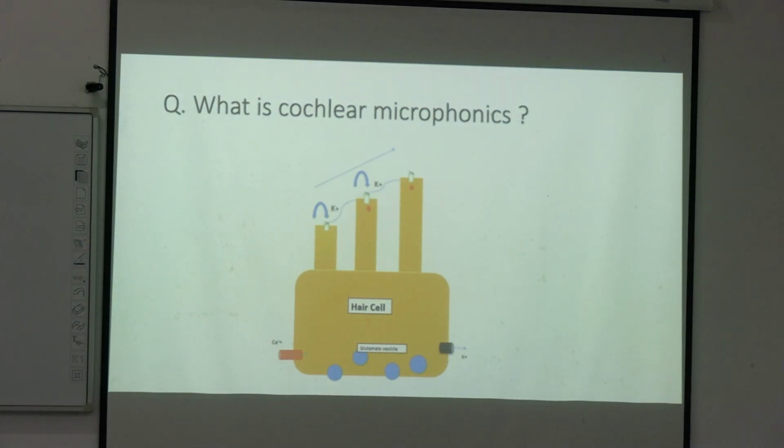But when sound starts, the mechanosensitive potassium channels open, and a large amount of potassium enters the hair cell. This can be recorded from outside by a particular machine.